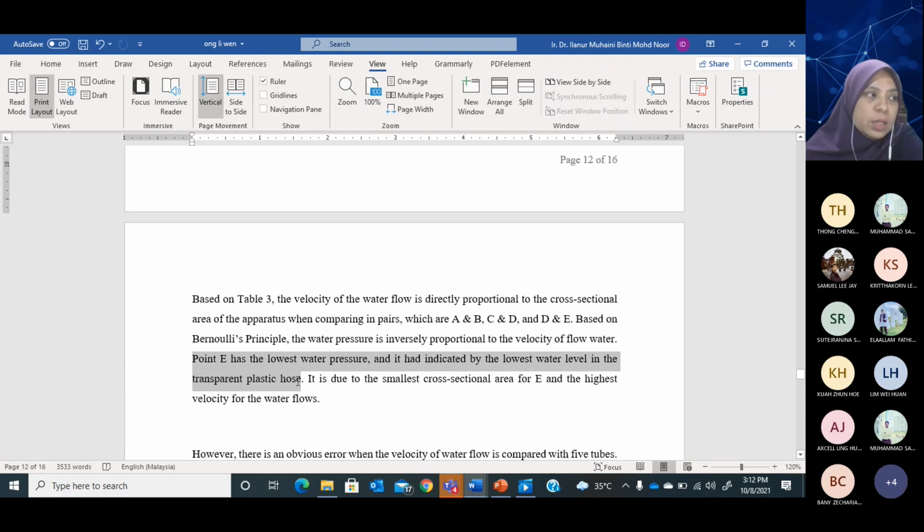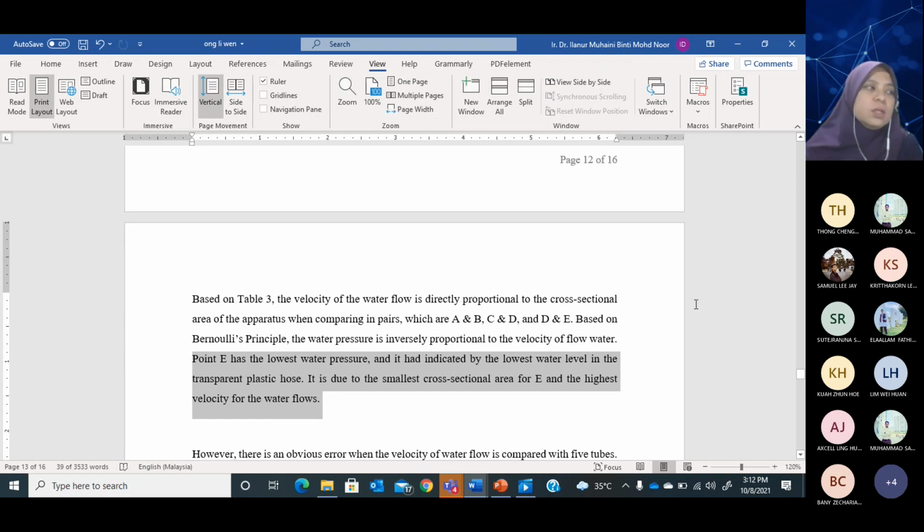Here. Point E has the lowest water pressure and it is indicated by the lowest water level in the transparent plastic hose due to the smallest cross-section area for E and the highest velocity for the water flow.